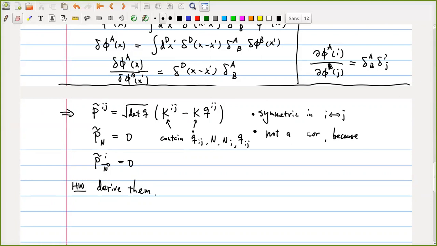Even if it was a tensor, it would be at most just a spatial tensor. It has no way to be a space-time tensor because this Pij only has spatial components.